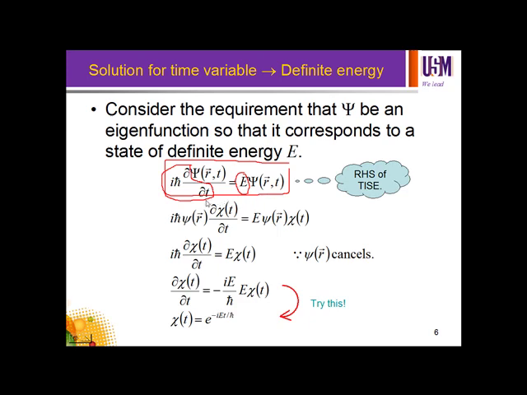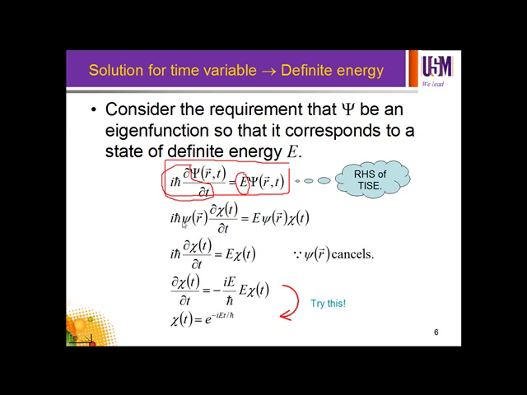Since we have this differential of delta t, when we replace capital psi with psi multiplied by chi, the differential is for chi, because chi is in terms of t, while small psi is in terms of r, so it will not be differentiated.